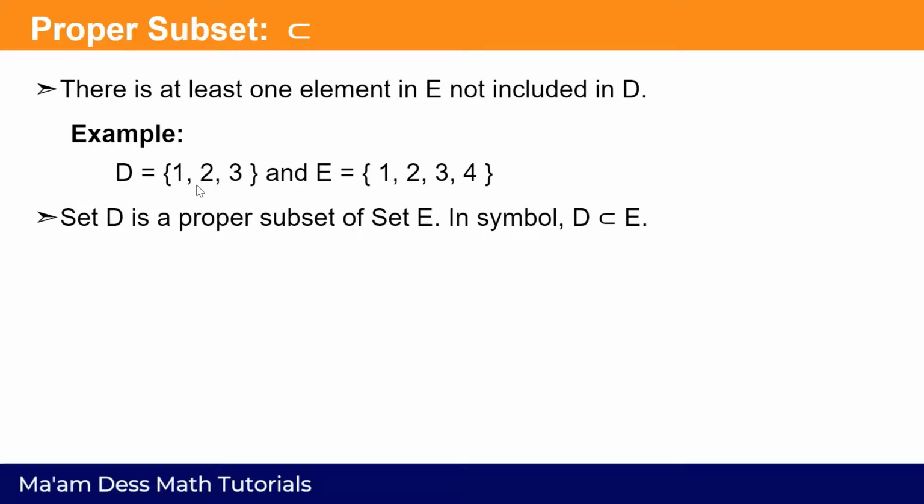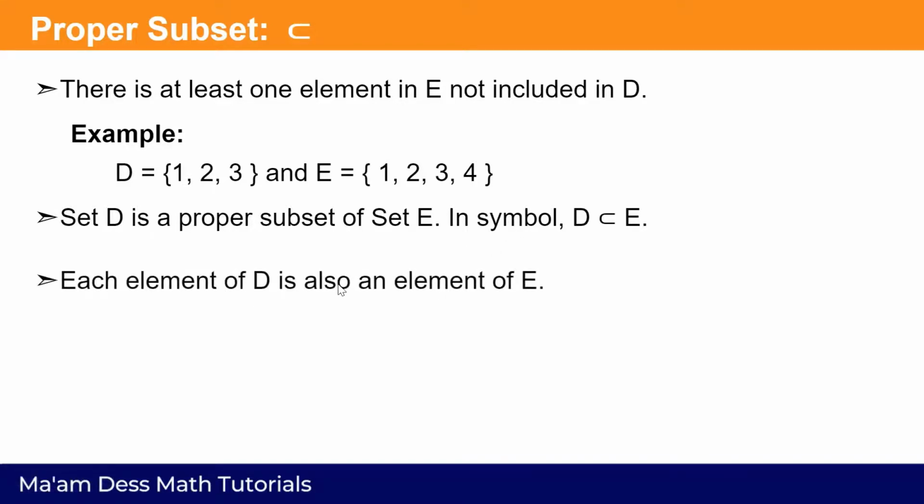Set D does not have 4. So one element is missing from D, but it is in set E. Again, set D is a proper subset of set E.